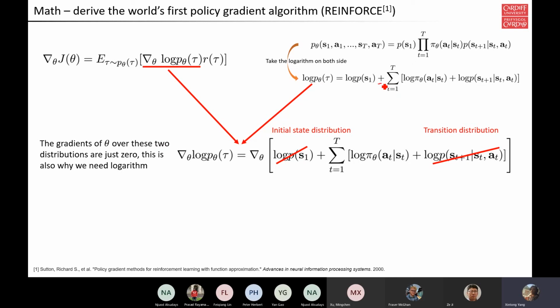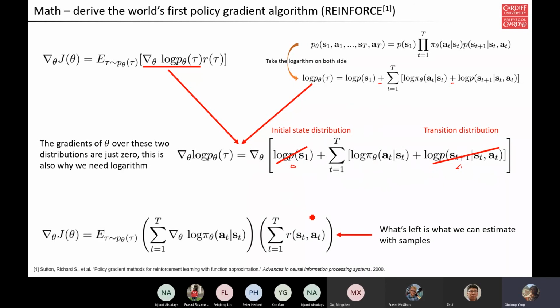So this multiply here, they all become addition. And we need to notice that the gradient with respect to the parameters theta of the initial distribution and the transition distribution are just zero because they do not depend on the policy parameters. The only thing that depends on the policy parameter is the policy itself. Which means if we plug in this log p theta tau into this gradient equation, we can cancel out the first term and the last term, and we only have the policy remain, right? This is why we need to take the logarithm.